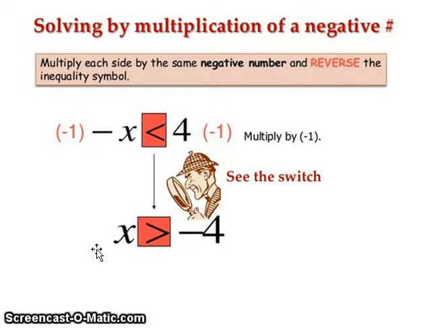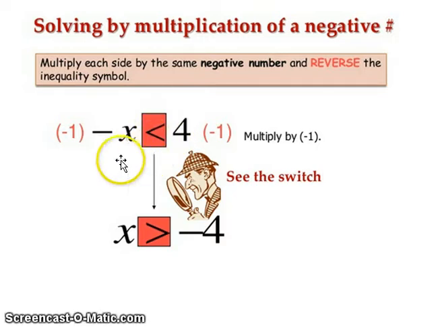Solving by multiplication of a negative number. A very important rule that you must remember here is that when you're dividing or multiplying by a negative number, you must reverse the inequality symbol. So in this case, we have the inequality negative x is less than 4.